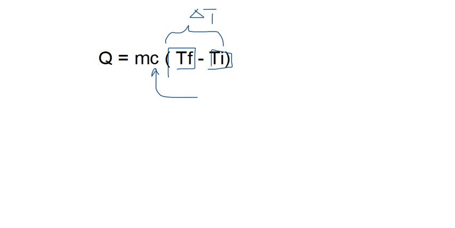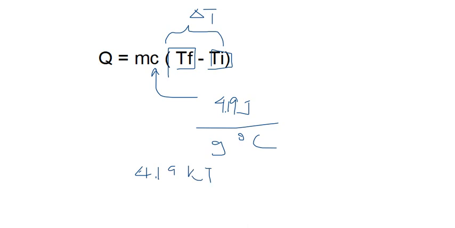For example, the water's C value is going to be 4.19 joules per gram degrees Celsius. You could also rewrite that as just 4.19 kilojoules per kilogram Celsius. So that's the same thing.